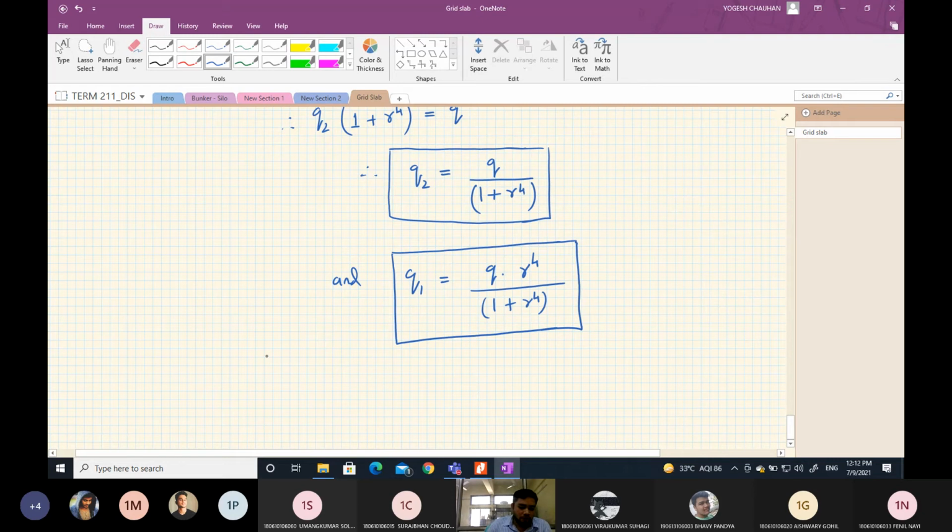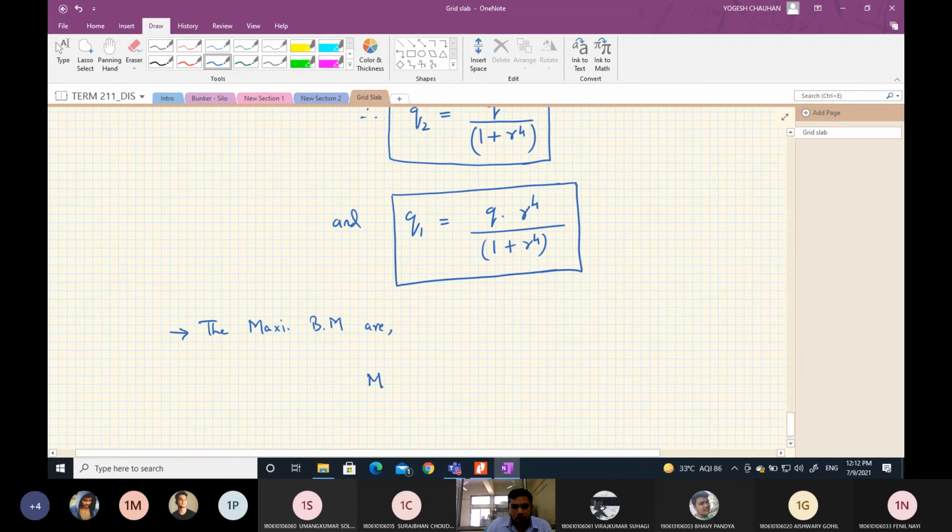Now you can find the bending moments. So the maximum bending moment, let us call Mx for in x direction, it will be Q1 times Lx square by 8.